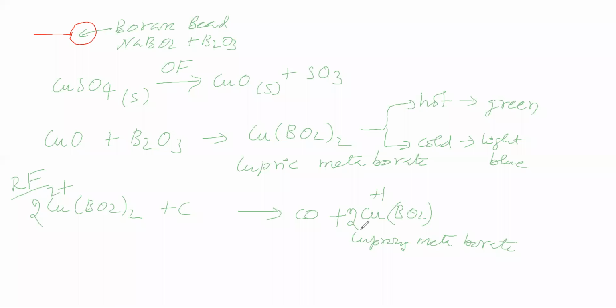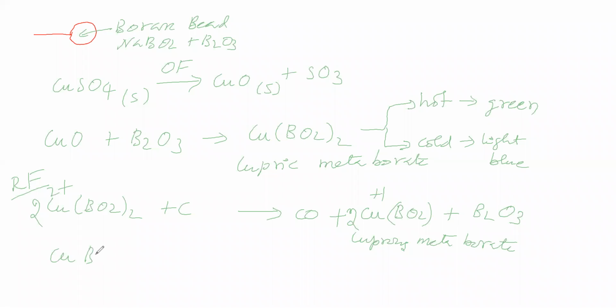Then we balance the borons: here two borons are present, here four, so the remaining two borons we write here. Then oxygens balance: here oxygen is 8, here 4, here 1, and the remaining 3 oxygens we write here. Therefore, cupric metaborate in the reducing flame becomes cuprous metaborate.